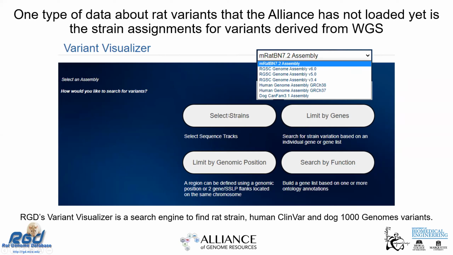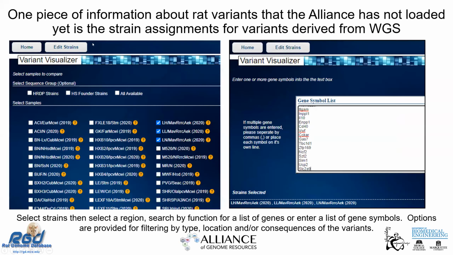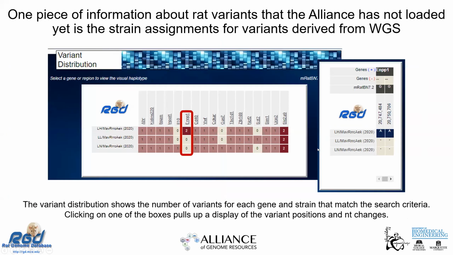And so you select strains or genes. Here I've selected 3 strains, put in a list of genes, and I didn't show, there's another page that allows you to choose things like whether the variant is damaging.